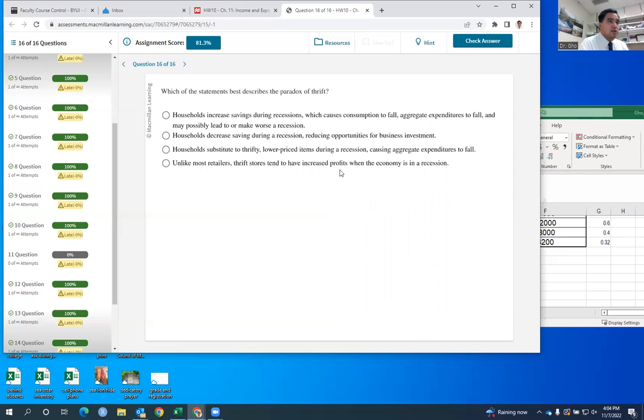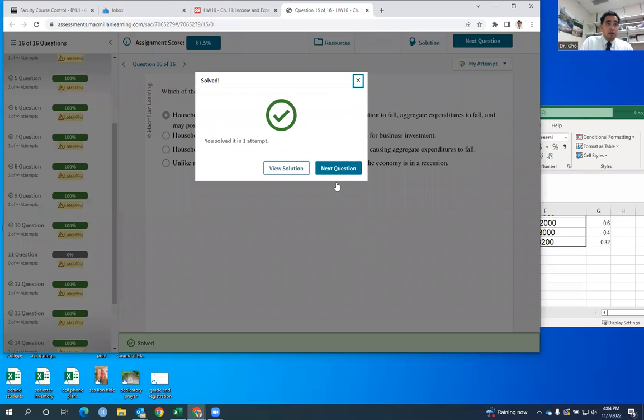So if households decrease their savings during a recession, what happens? No, they don't decrease their savings. Households increase their savings during a recession, which causes consumption to fall. So you're looking at a change in the MPC, aggregate expenditures to fall, and may possibly lead to or make worse a recession. And that's the last question for this homework.